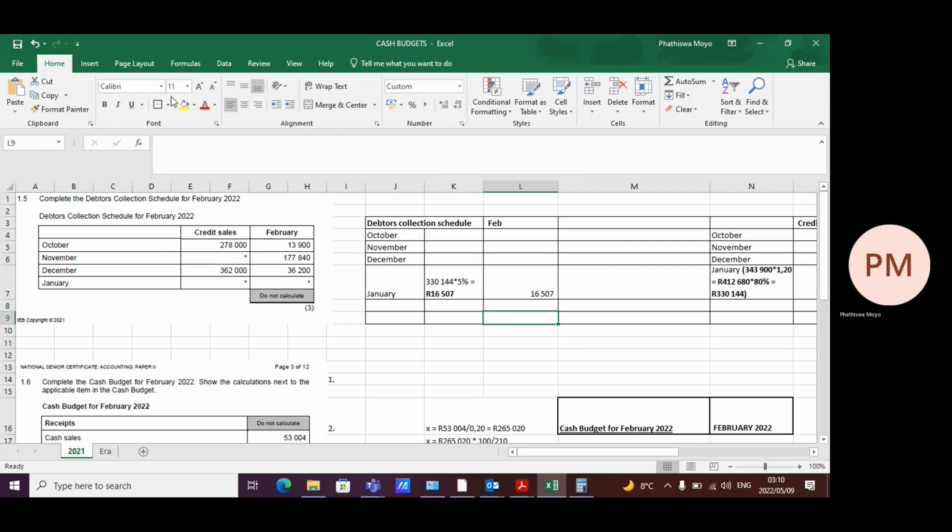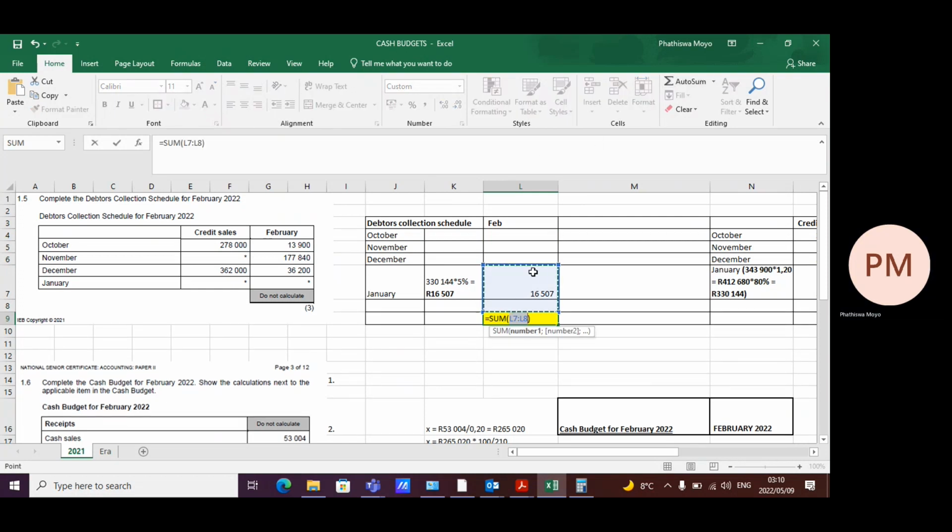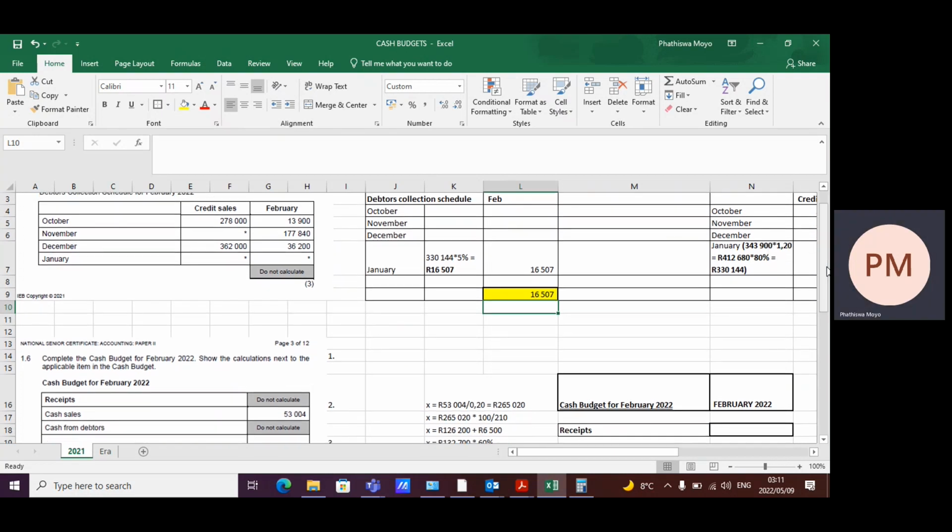Okay. December is 362. 5% is collected in January.